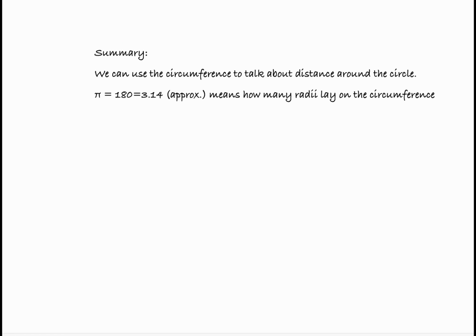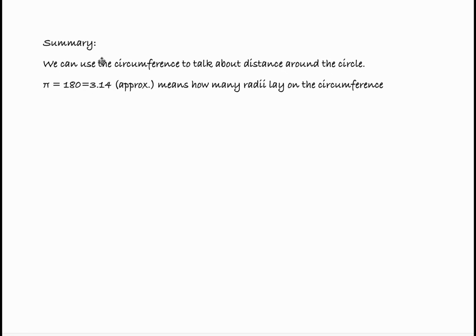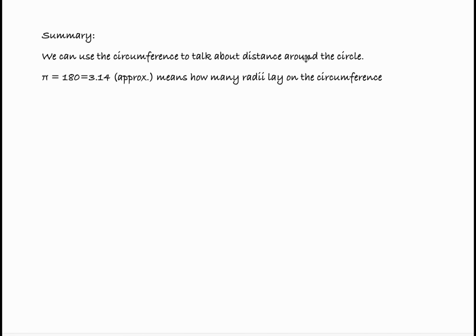All right, so we use the circumference of the circle to talk about distance around a circle. We learned that pi is really 180 degrees, which is 3.14 approximately. And it means how many radii you can lay out on a circumference. We also learned another formula.